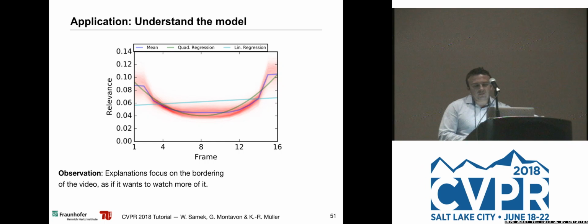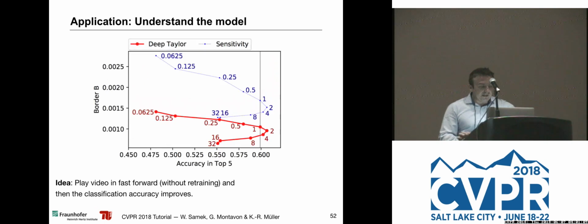And based on this, we came to the idea: okay, why not play this video fast forward? So give the model more of the video. And this is what we did, and we got a quite nice result, because without retraining the model, we got an improvement in accuracy just by fast forwarding the video.